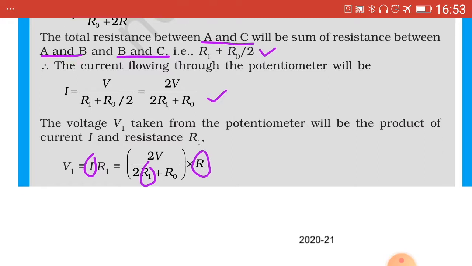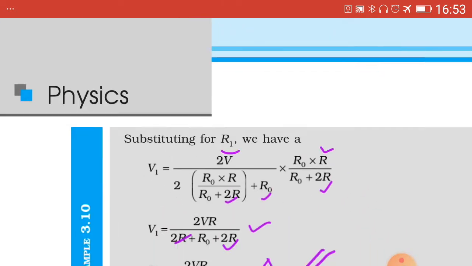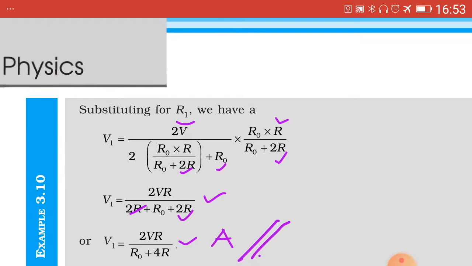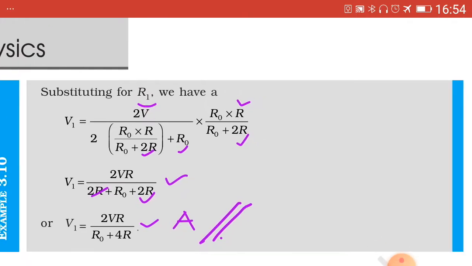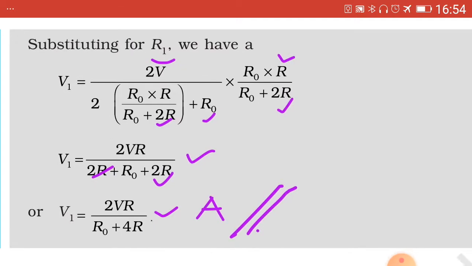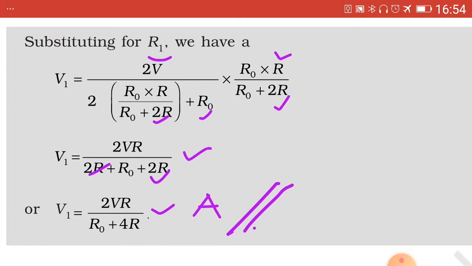So substituting for R1, we have V1 equal to 2V upon 2.